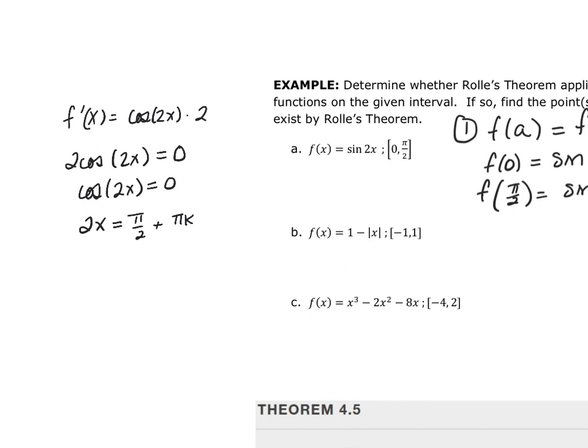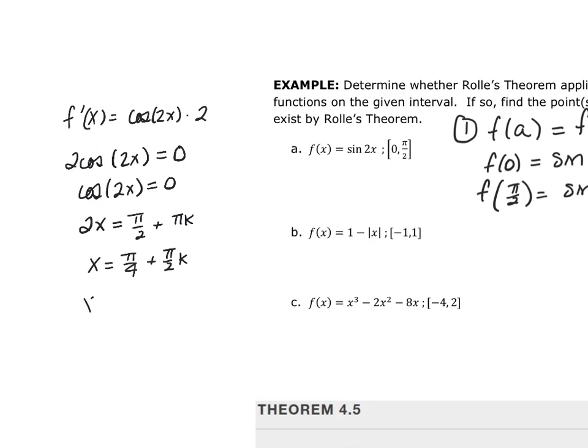Now I'm going to divide everything by 2, and I get x is equal to pi over 4 plus pi over 2 k. So I need to find the values for which this is going to give me 0, and I have to stay within that interval from 0 to pi over 2.